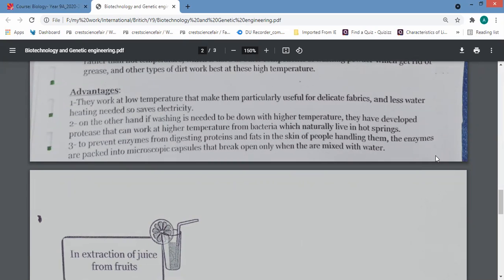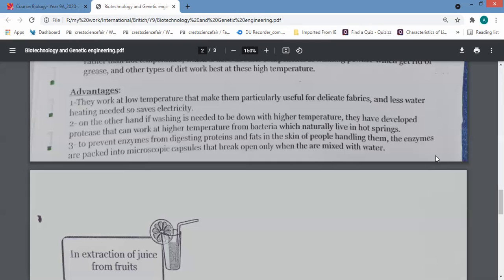If the washing powder works at low temperature, the enzyme's activity stops, but it is not destroyed. Low temperature does not destroy the enzyme, it just stops its work. High temperature makes the enzyme destroyed.